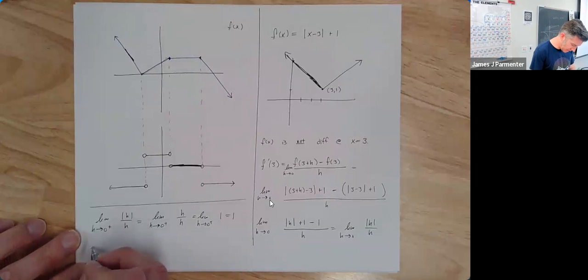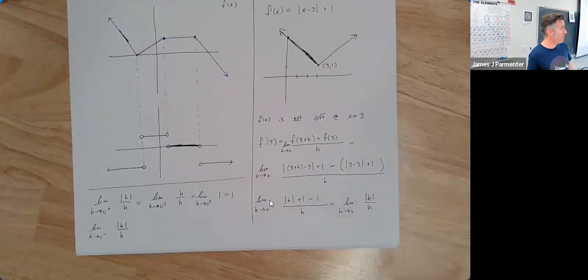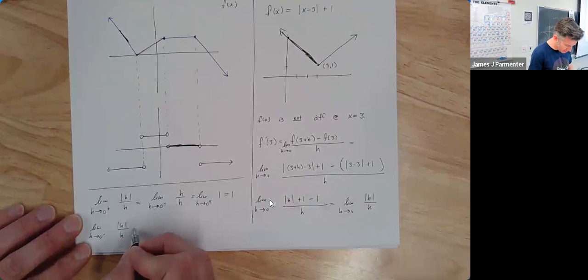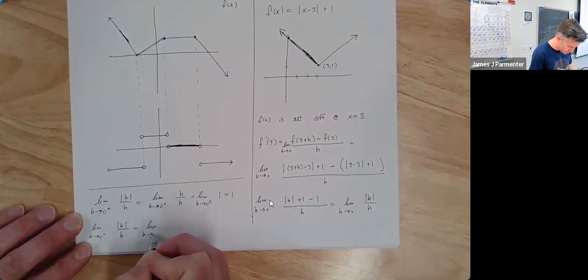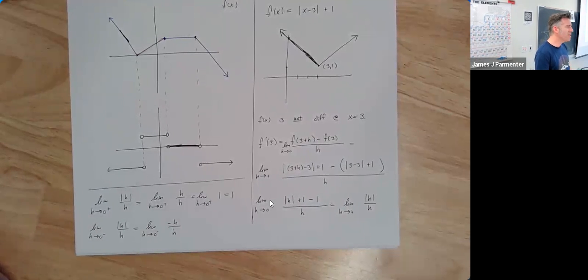From the left-hand side, well, now h is slightly negative because we're approaching 0 from the left-hand side. And the absolute value of a negative number is the negative of that negative number to make it positive. So it's weird, but the absolute value of h here is negative h. That always seems to throw people off. It can be confusing, but just think about it. If h is like -2, the absolute value of -2 is negative of -2, which is positive 2.